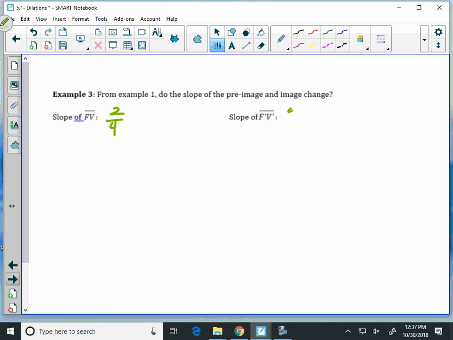So we went up 4 over 8. Here's the thing. What do we have to do with our fractions? Simplify them. What does 2 over 4 simplify down to? 1/2. What does 4 over 8 simplify down to? 1/2. If you didn't simplify, you would have gotten the wrong answer. So we have to simplify. Did the slopes change? No. They stayed the same. Okay.